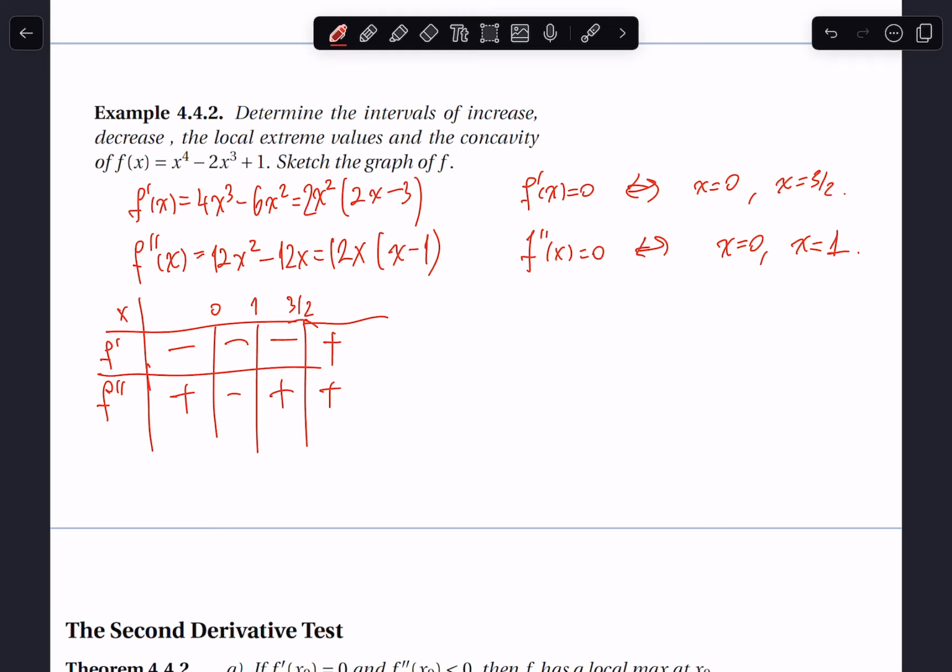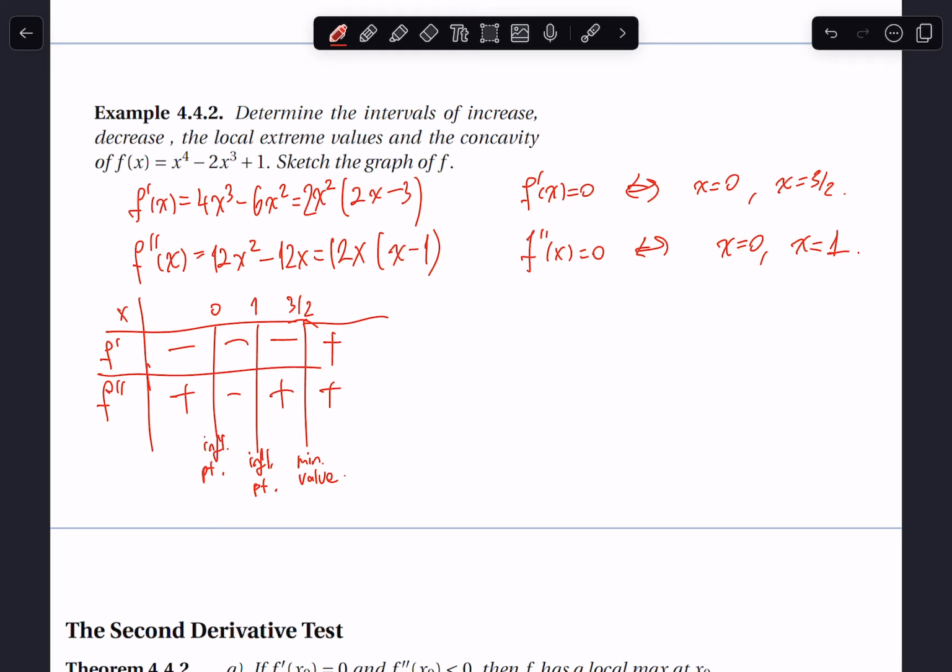At x equals 0, this is an inflection point, and x equals 1 is another inflection point. The function is decreasing here and then increasing here, which means that this is a minimum point.